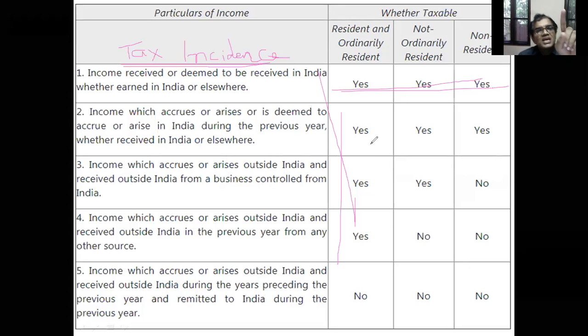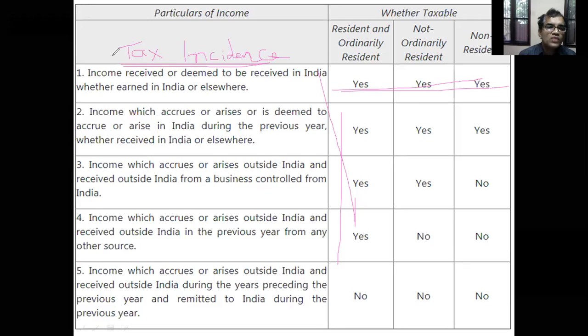So based on residential status, we have categorized companies into Indian company and foreign company, or domestic company and foreign company. Indian companies will pay tax on Indian incomes as well as foreign incomes, whereas a foreign company is liable to pay tax only on Indian income.